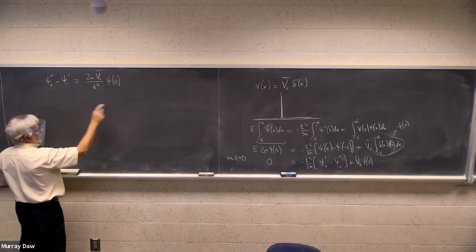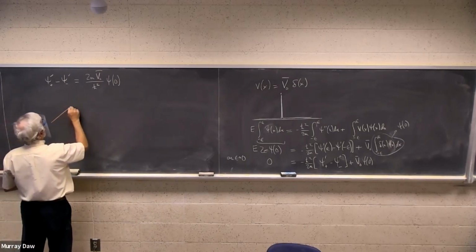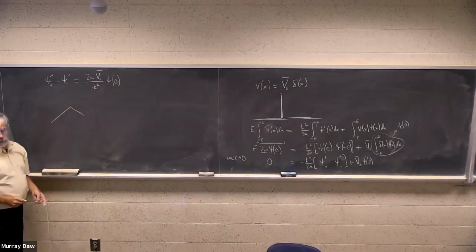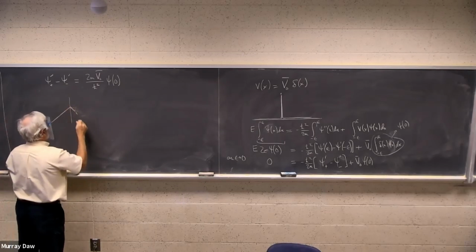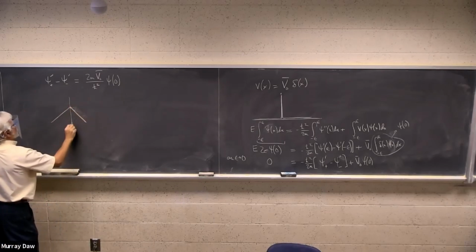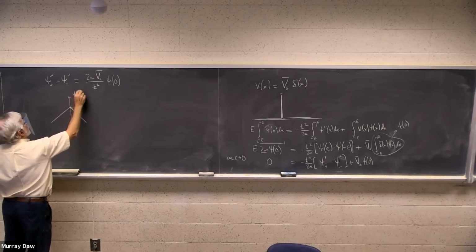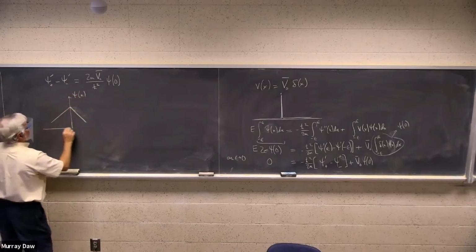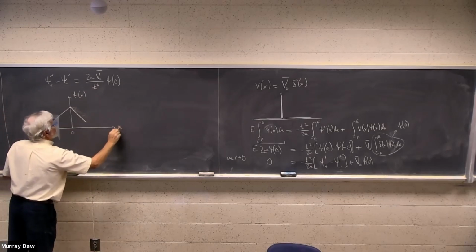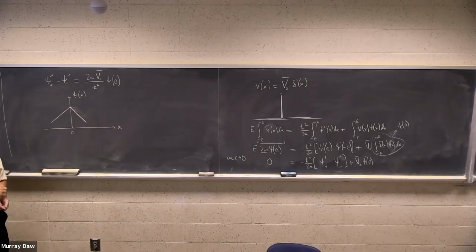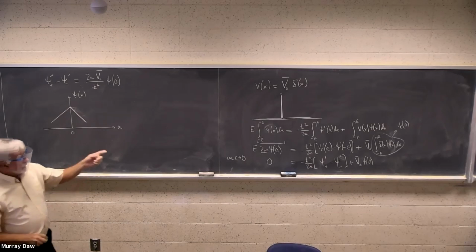So right at the delta function, the wave function is continuous, psi is continuous, but it has a discontinuous slope. And so psi of x will look something like this at x equals 0. We'll have a discontinuous slope because of that delta function.